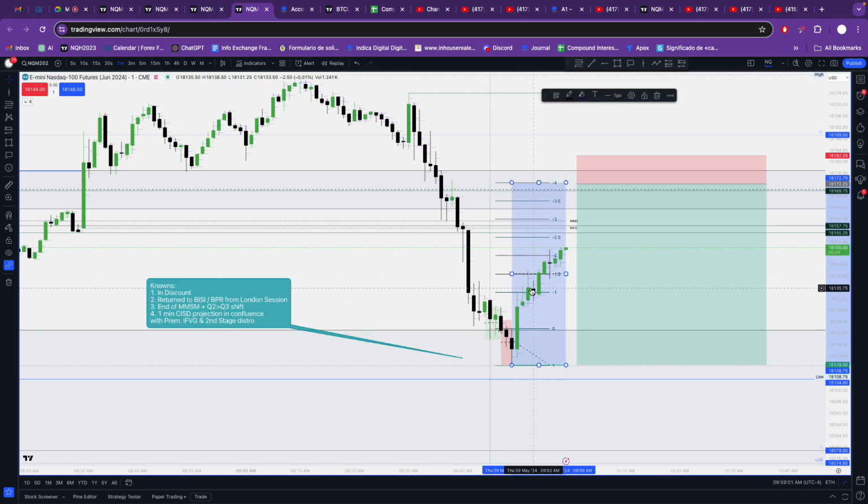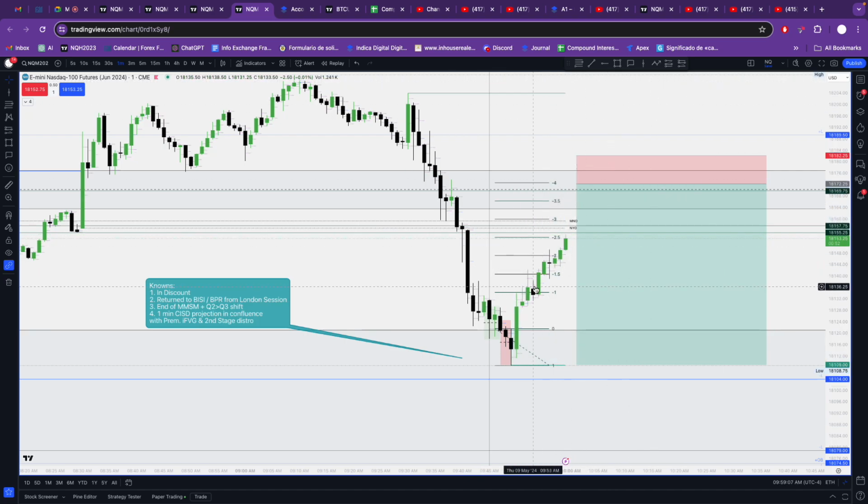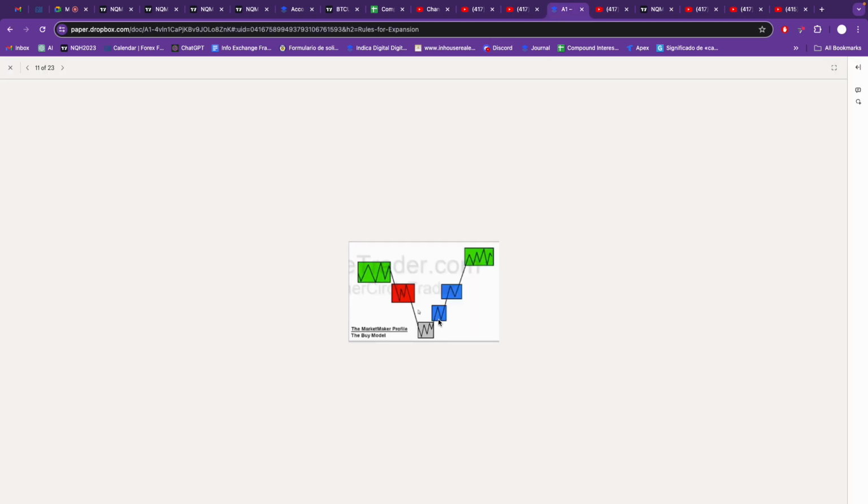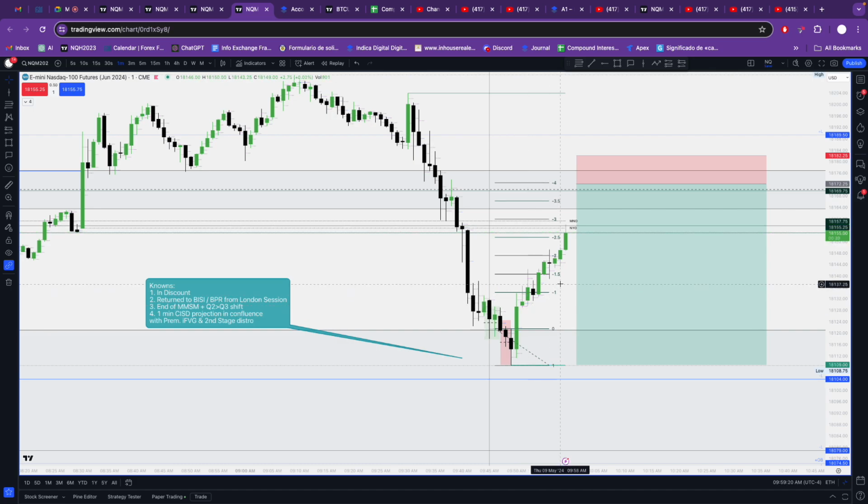Those black candles, I wouldn't consider this as a distribution, because it's still within this range here. Distribution is when we come down and create a swing low. See here, swing low, swing low. That's how I would interpret it.